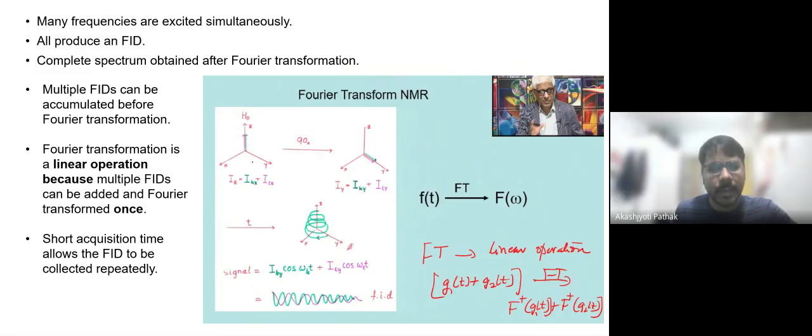During equilibrium, these two nuclei have their bulk magnetization, or the net magnetization, oriented in the Z direction. Now when you apply a 90-degree X pulse, this will flip the magnetization from the Z axis to the Y axis. So both the nuclei have now come to the Y axis.